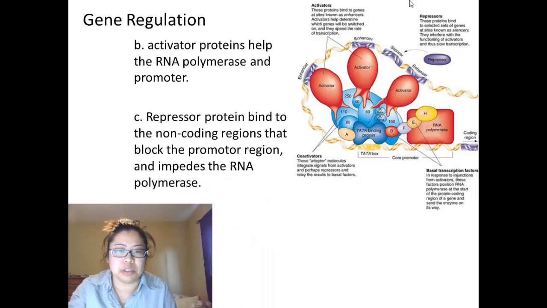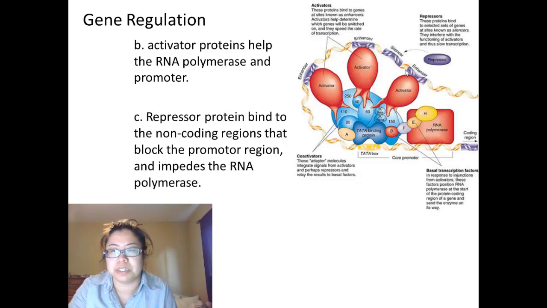There's also repressor proteins that bind onto non-coding regions that block the promoter regions. So one thing that helps is activators that help the RNA polymerase get situated and get started. There's a factor in which the repressor protein binds onto the non-coding regions.